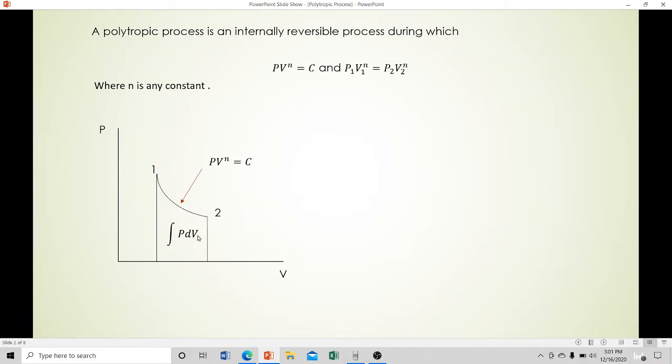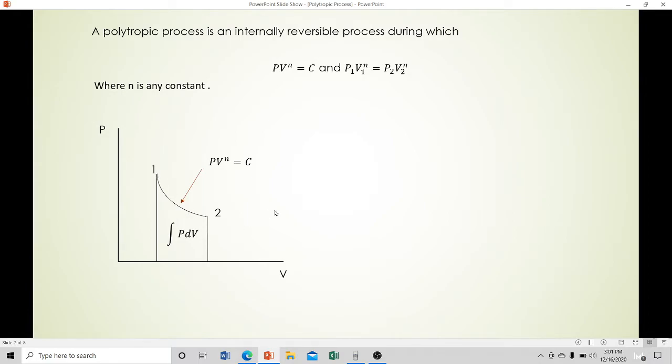So we could say that the area of your strip is equivalent to pressure times the differential volume, the integration of PdV from limit 1 to 2.